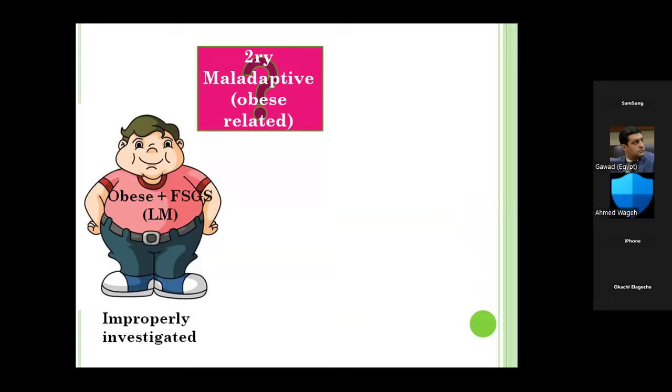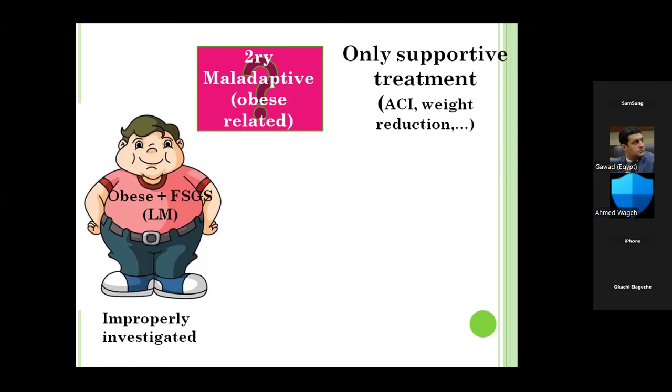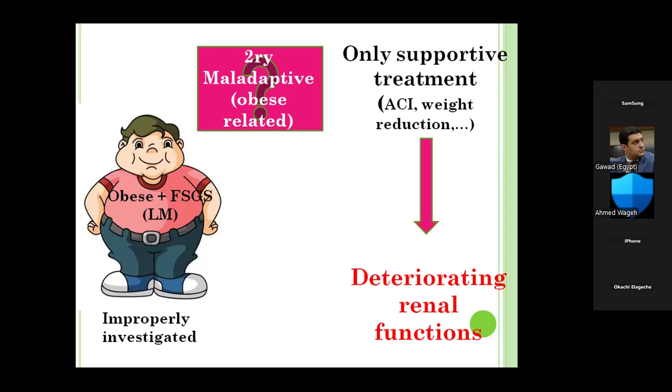And this patient was considered as secondary or maladaptive obesity-related focal segmental glomerulosclerosis, and only supportive treatment for weight reduction and ACE inhibitors were given to him, and deterioration of renal functions occurred.